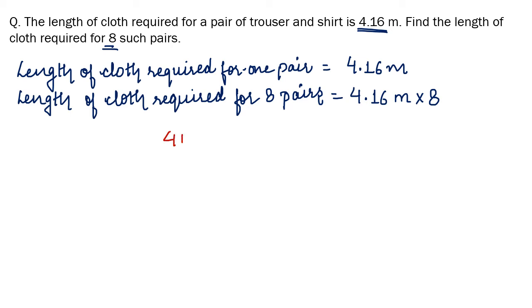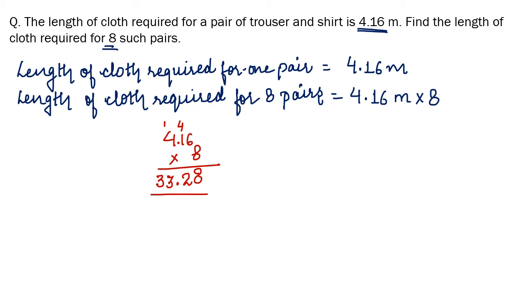So multiply them, 4.16 and 8. 8 sixes are 48, 4 will be carried; 8 ones are 8 and 4, 12, 1 will be carried here; 8 fours are 32 and 1, 33. Now put the decimal before 2, because there are 2 digits after the decimal in the question.